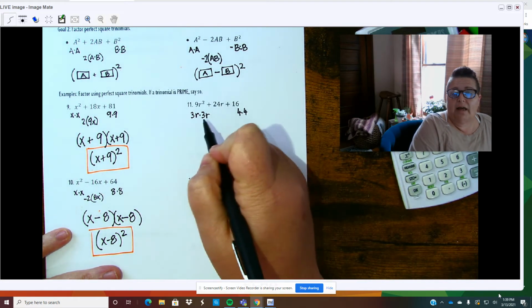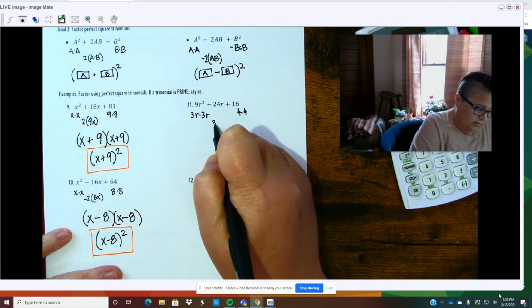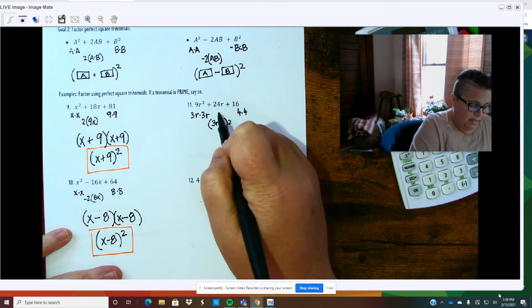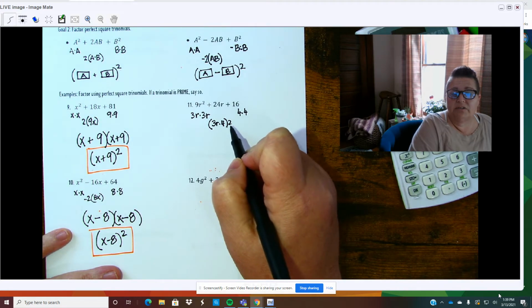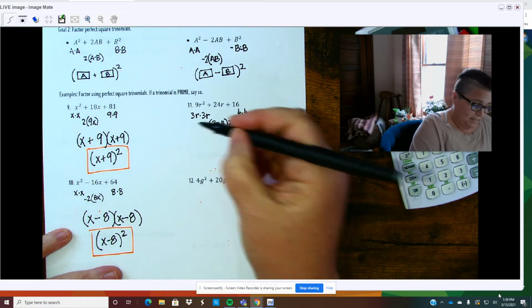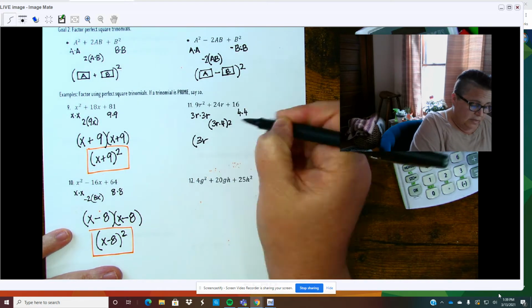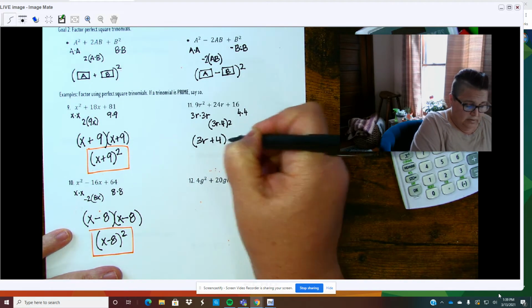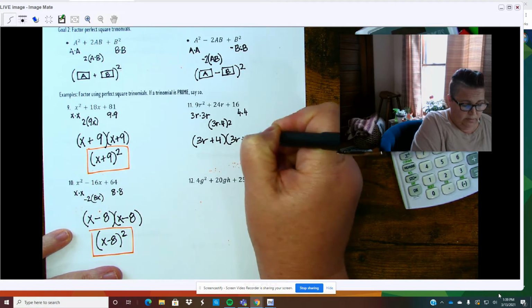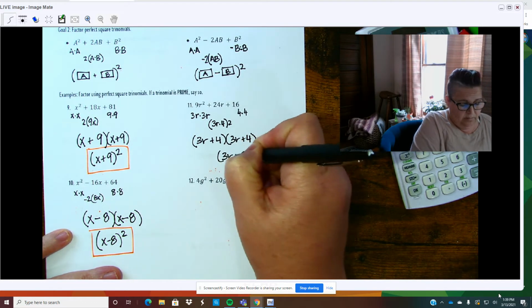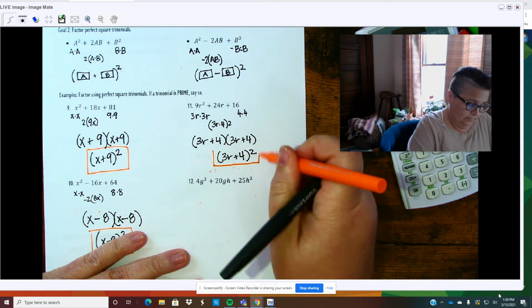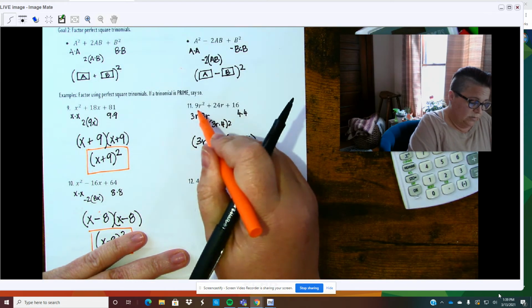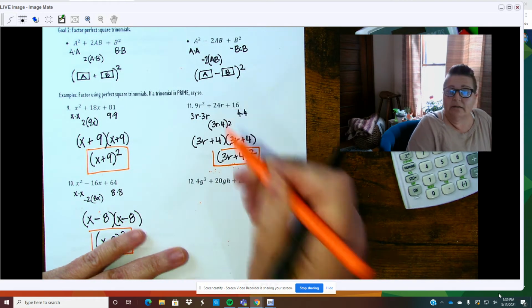If I multiply each of those roots together, so 3r times 4, and then I double it, do I get 24r? And I do. 3 times 4 is 12, times 2 is 24. What that tells me is that this can be factored into 3r plus 4 times 3r plus 4, or 3r plus 4 squared. This is indeed a square, multiply, double, square.